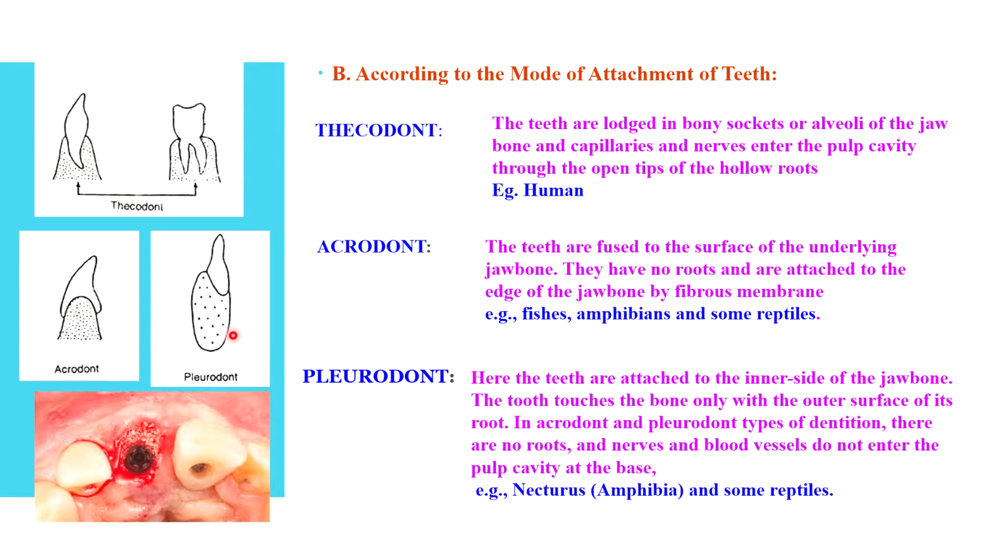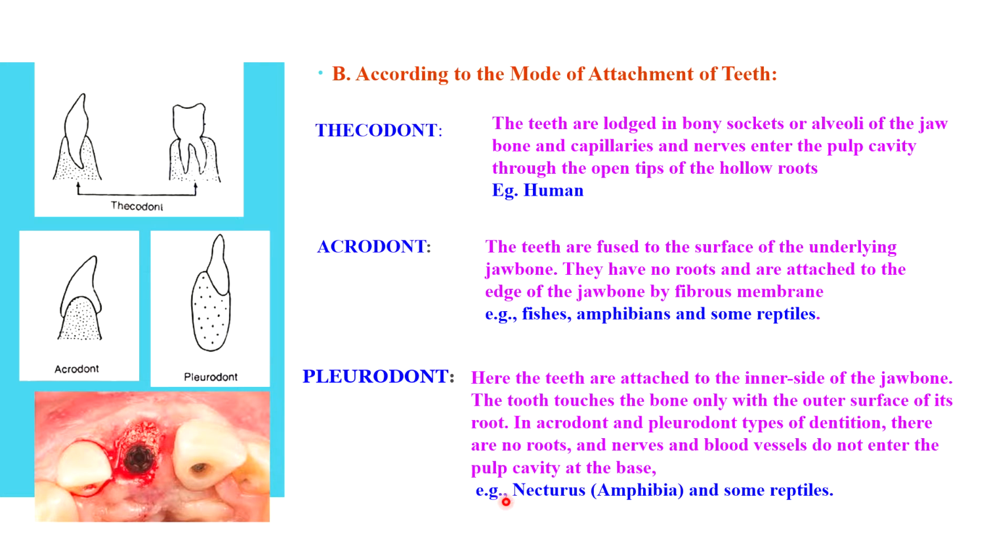In the pleurodont type, the teeth are also directly attached to the jawbone, but on the inner side of the jawbone. And this tooth touches the bone only with the outer surface of its root. In acrodont and pleurodont dentition, there are no roots; nerves and blood vessels do not enter the pulp cavity.